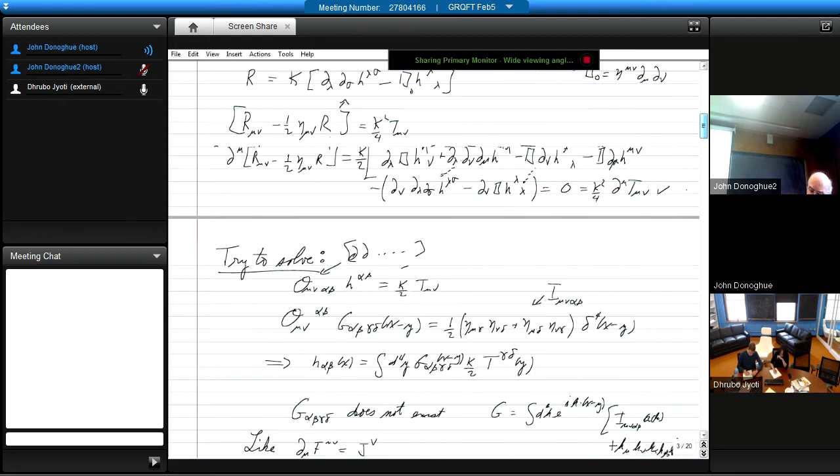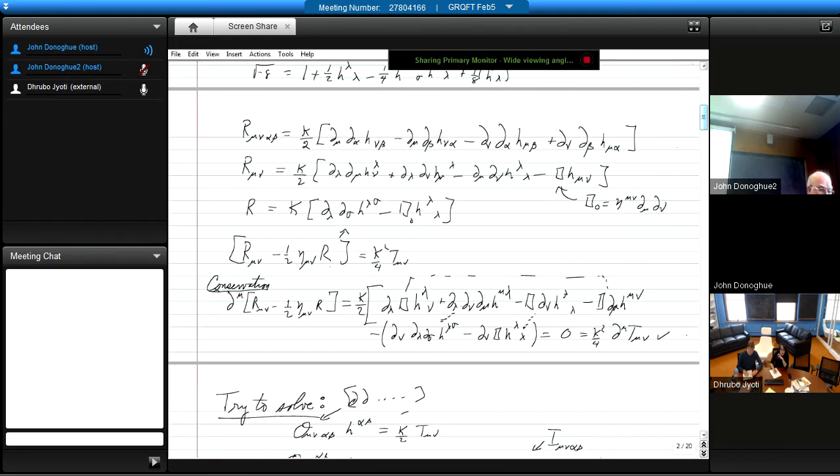Let's go back up here and see what happens on R mu nu. This guy has one contracted, so that's an h lambda lambda piece. This guy has one contracted, that's an h lambda lambda piece. There's two of them here, and there's one of those. It cancels off those two. I'm left over with box h.